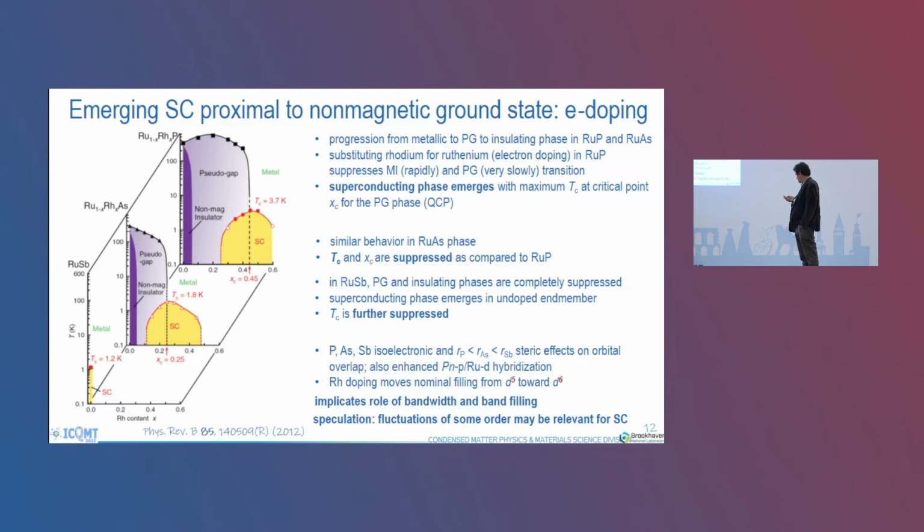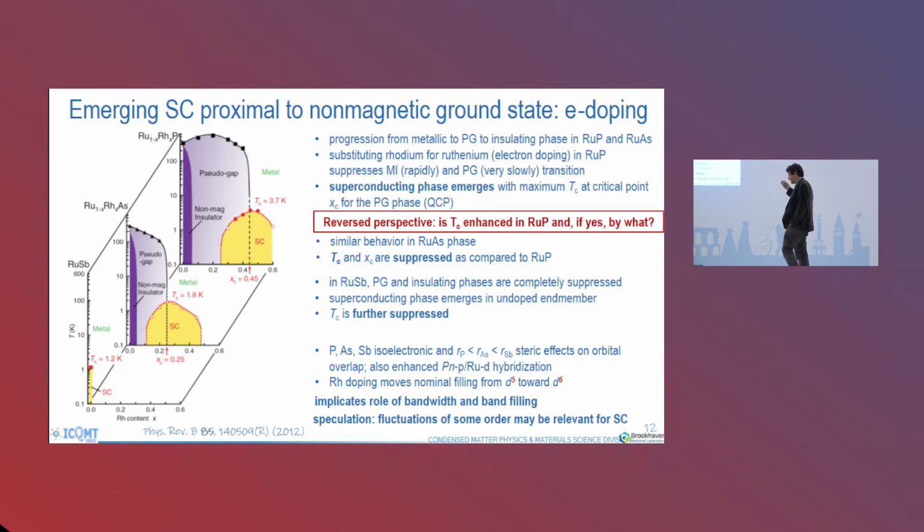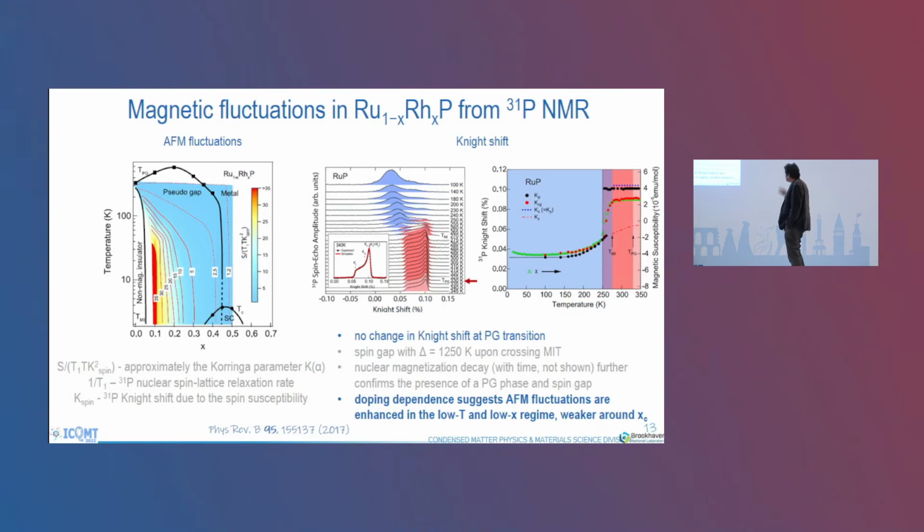Or you can flip this question around and naively say that, in reverse, is Tc enhanced in ruthenium phosphide as compared to the arsenic variant? And if yes, by what? Okay. So the initial suspects for fluctuations are, of course, antiferromagnetic fluctuations.